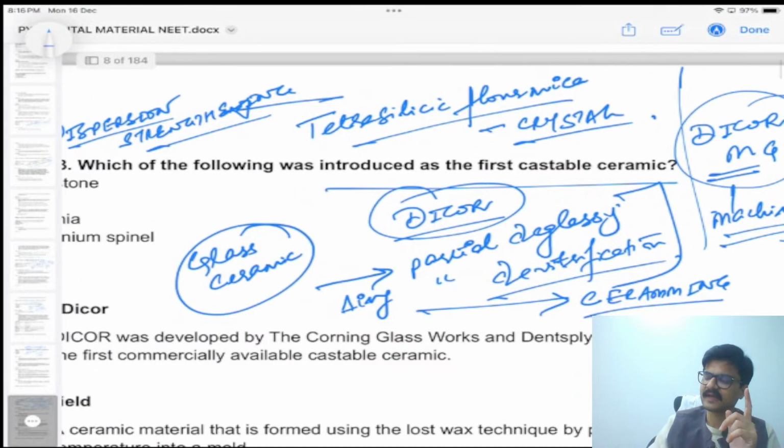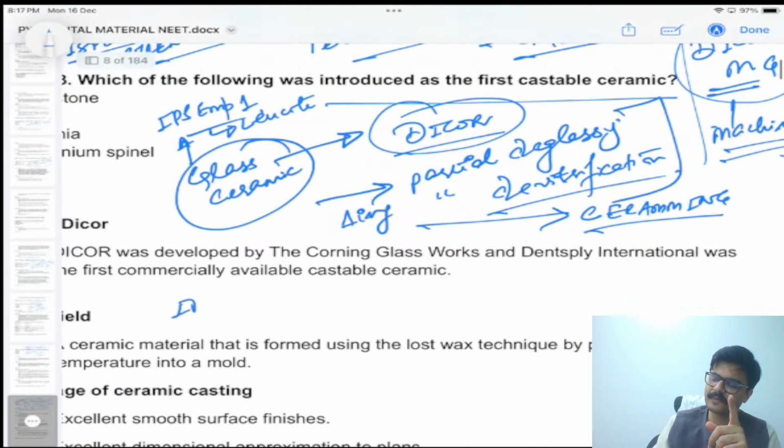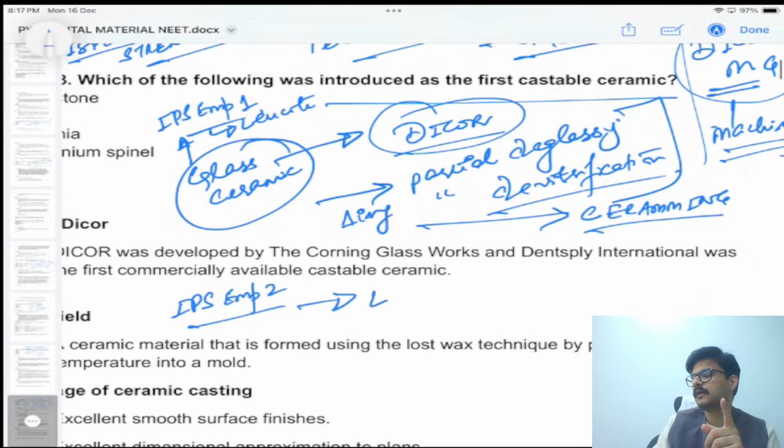Next important point, a glass ceramic example is not just Dicor. You also have your pressable ones, like IPS Empress 1, right? Isostatic pressing mechanism in which the crystals are leucite crystals. And E.max or IPS Empress 2, in which the crystals are lithium disilicate crystals, right?